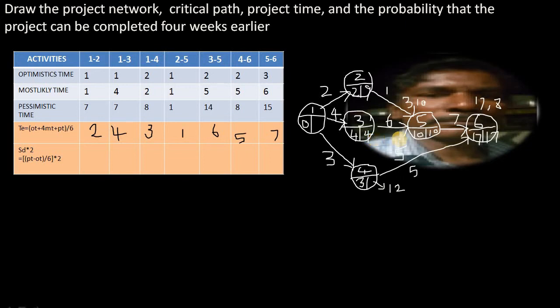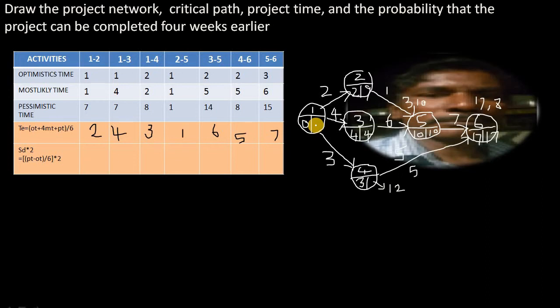And so that's all the latest time for the fifth event, the second event, the third event, and the fourth event. We can calculate the latest time very easily because the backward pass has only one activity. But look at this first event.